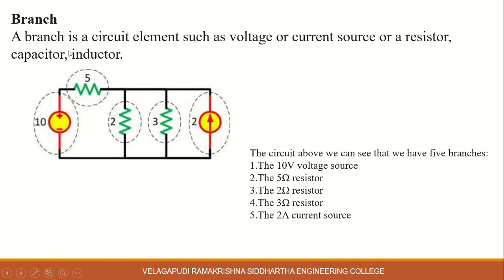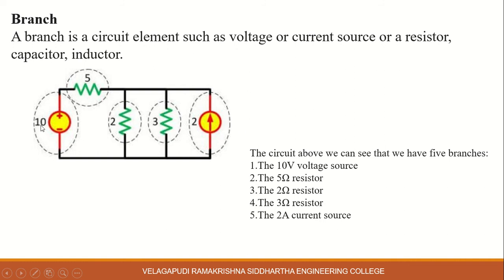So another concept is branch. A branch is a circuit element such as a voltage or current source, or a resistor, capacitor, inductor. So a branch is nothing but either a voltage source or current source or resistor, inductor, capacitor.